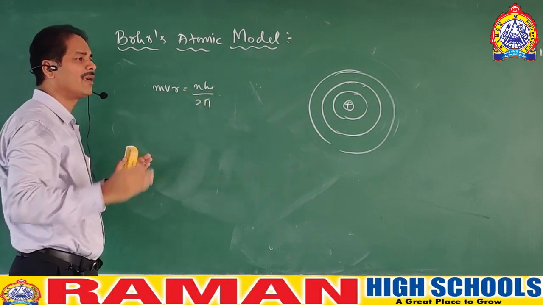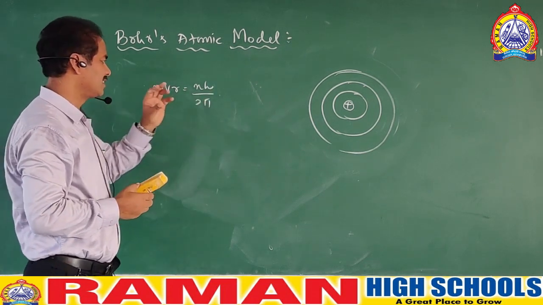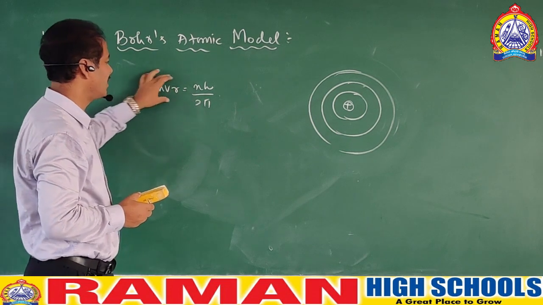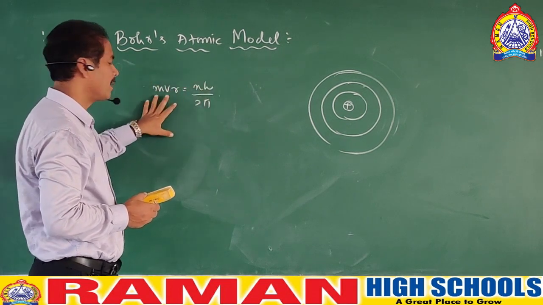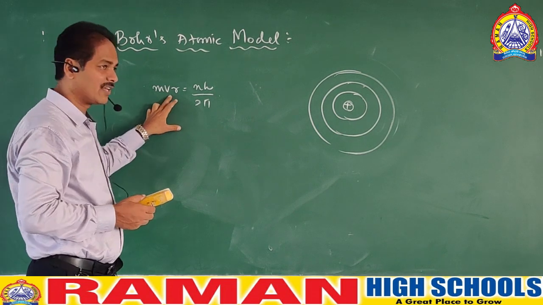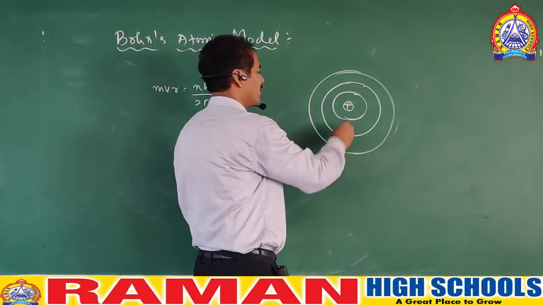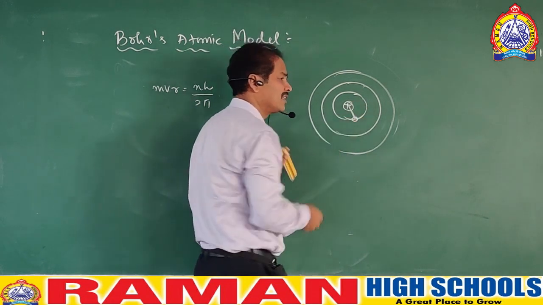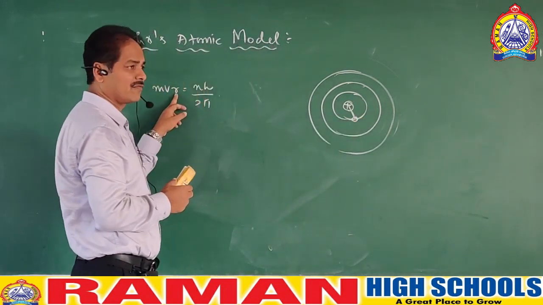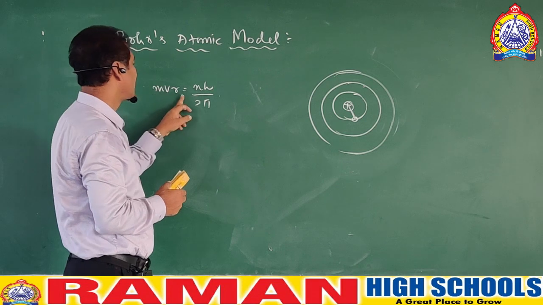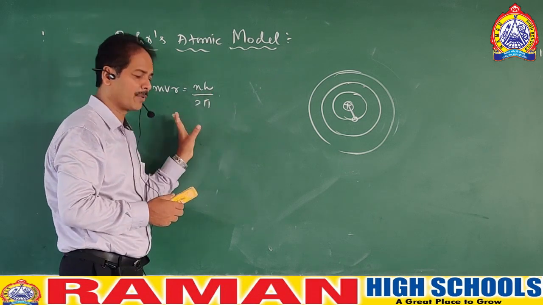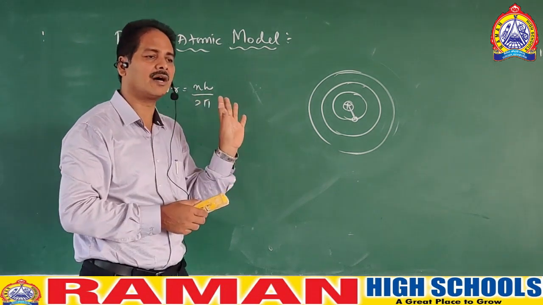The angular momentum of the electron is given a fixed value, that is mvr is equal to nh by 2 pi, where m is the mass of the electron, v is the velocity of the electron, and r is the radius of the orbit in which the electron is revolving. Suppose the electron is in the first orbit, that radius will be substituted here. This is the angular momentum of the electron.